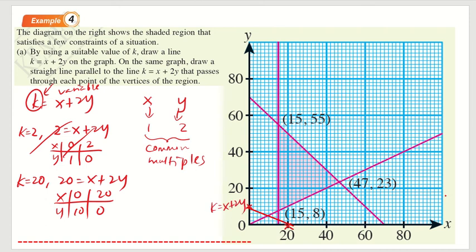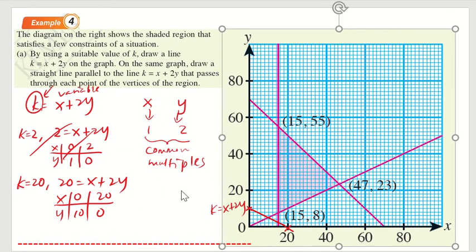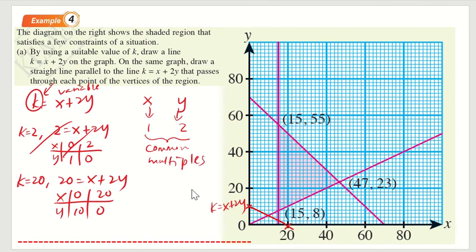Okay, this straight line. What is the use of this straight line? I will tell you. So you have to draw properly. 10, 20, like this.